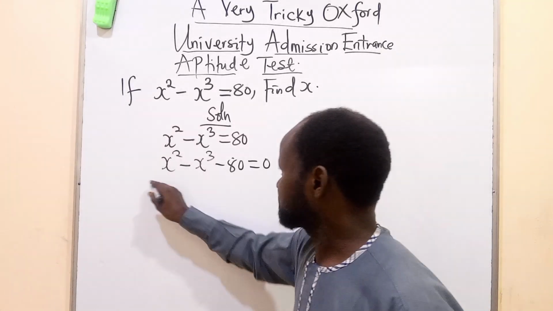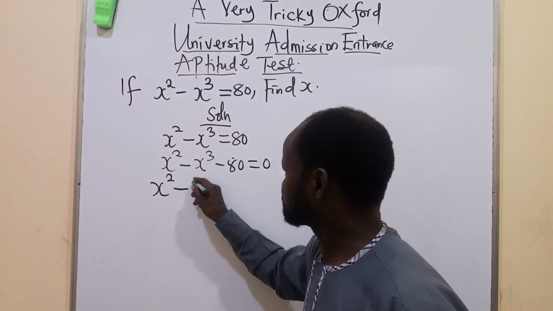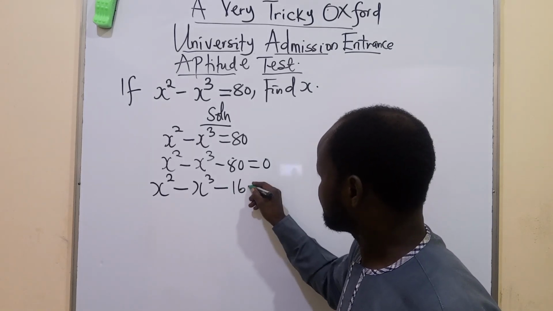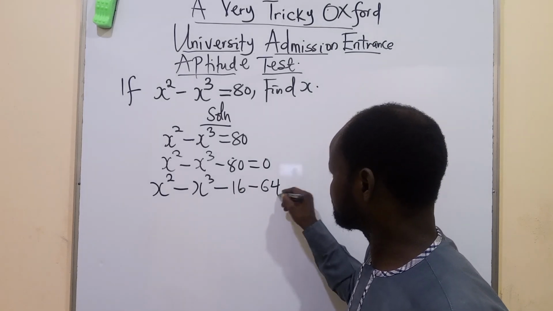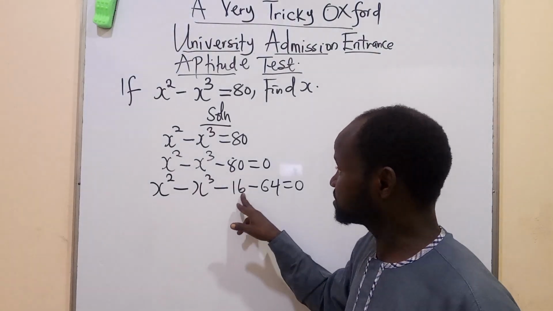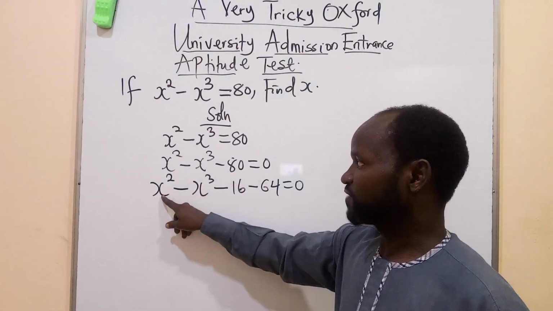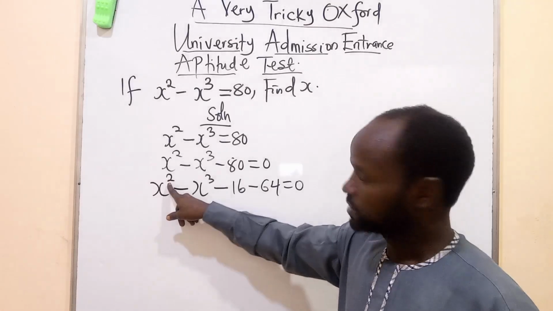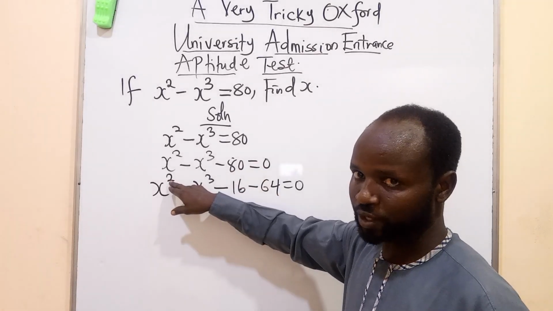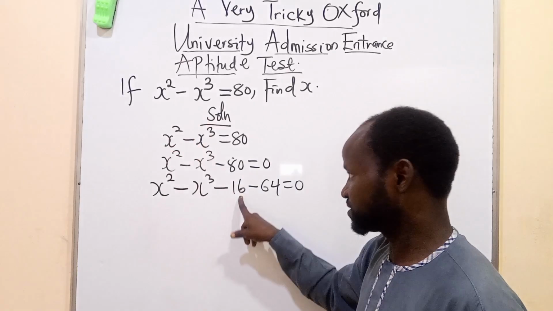I can write this as x squared minus x cubed minus 16 minus 64 will be equal to 0. The reason why I bring in this 16 and 64 is we have x squared here. This 16, I can express as a square. That's 4 squared is the same as 16.